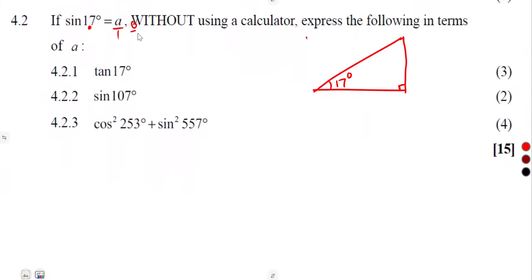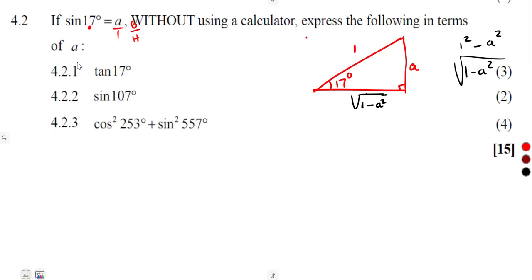Remember, sine is opposite over hypotenuse. So this is our opposite, A. Hypotenuse is 1. So you're then forced to determine the third side. This third side is going to be 1 squared minus A squared, which is 1 minus A squared. Then you introduce the square root. So that's the square root of 1 minus A squared.